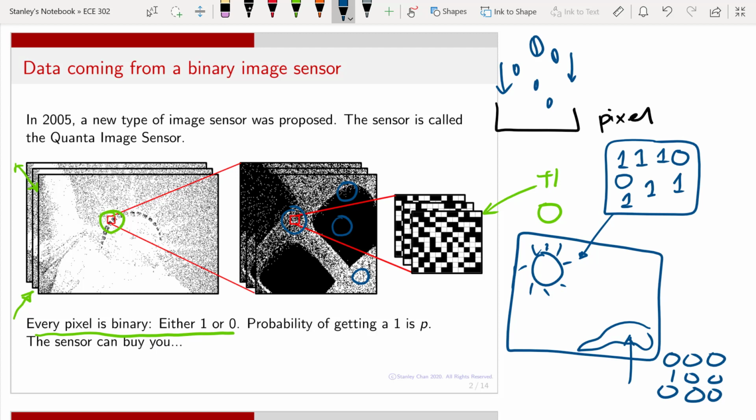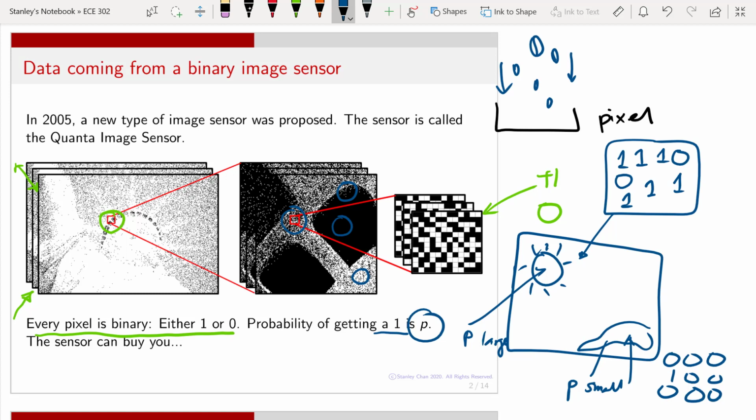So the probability of getting a 1 is determined by this number p. Now, certainly this p is location dependent. So the p here in this region could be a very large p, and then the p here, you will have a very small p.